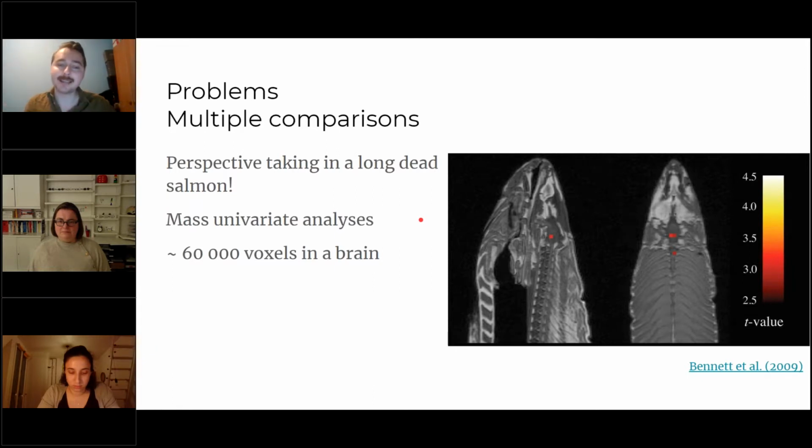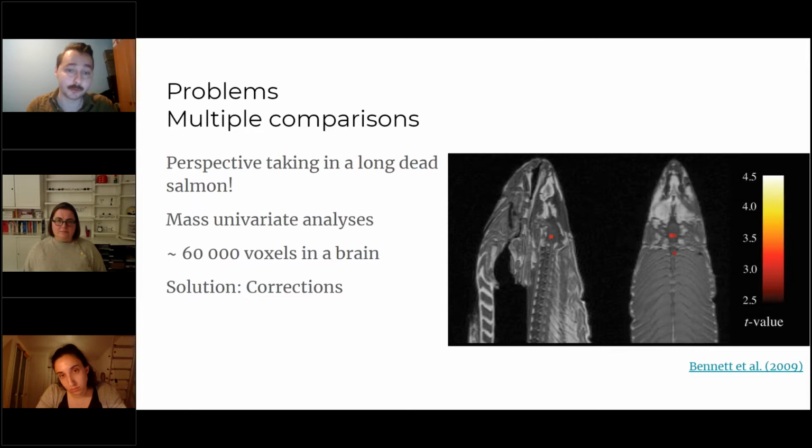And the problem is that if we use the standard way of determining whether a statistical test is significant or not, which is of course the p-value, then if we do this procedure a large number of times, and remember there's around 60,000 voxels in the brain, we will eventually find something, even if there is actually no effect there. This has a solid statistical foundation, which we will not get into. But basically, you need to control for multiple comparisons.